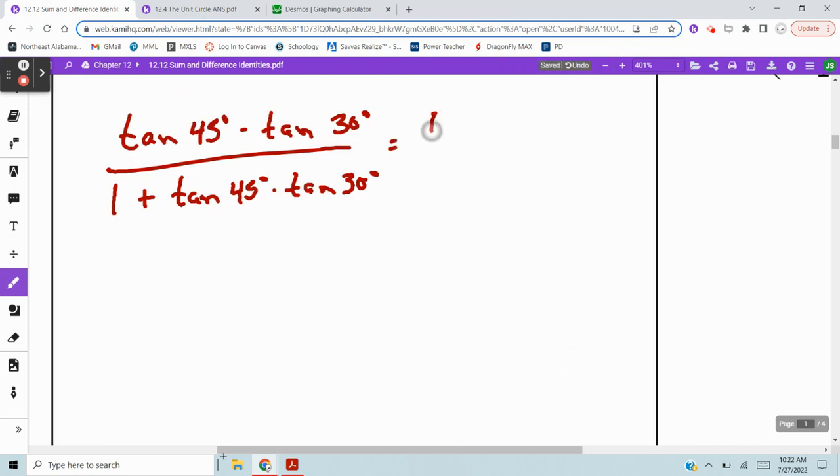We know the tan of 45 is 1, minus the tan of 30, which is root 3 over 3.